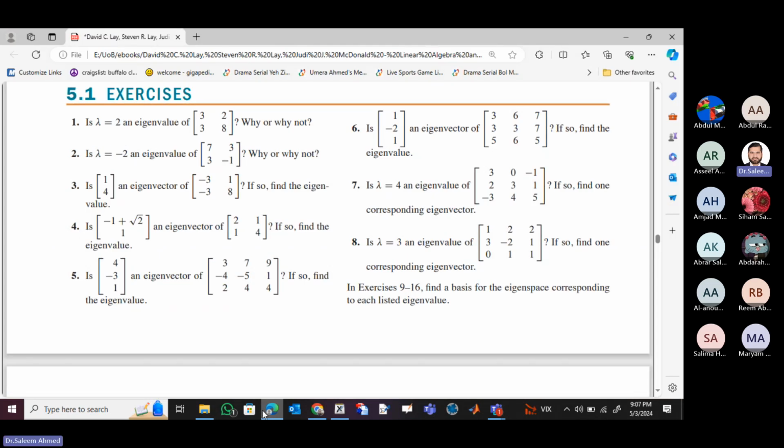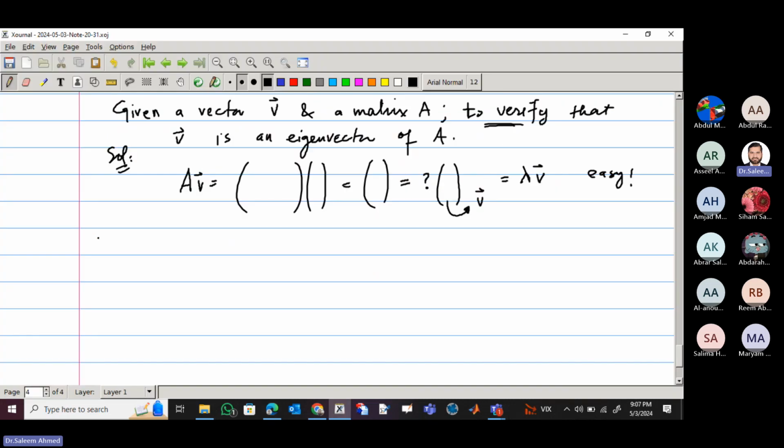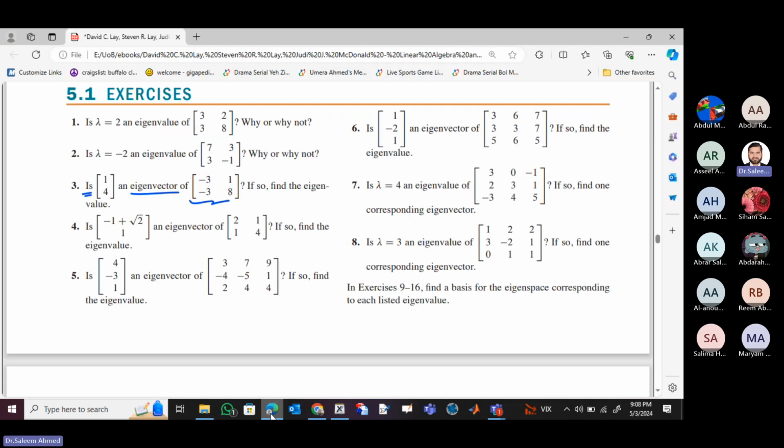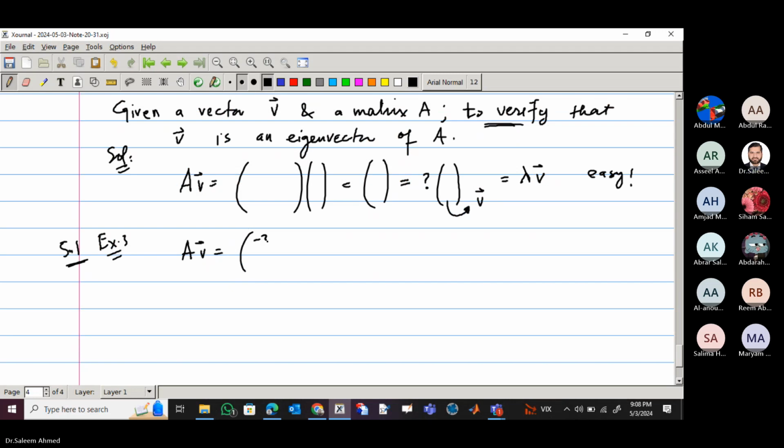Here you see, is this vector an eigenvector of this? So what you will do in exercise 3 in 5.1. Let's say a matrix was given. I will just multiply the matrix with the vector. The matrix was -3, 1, -3, 8.